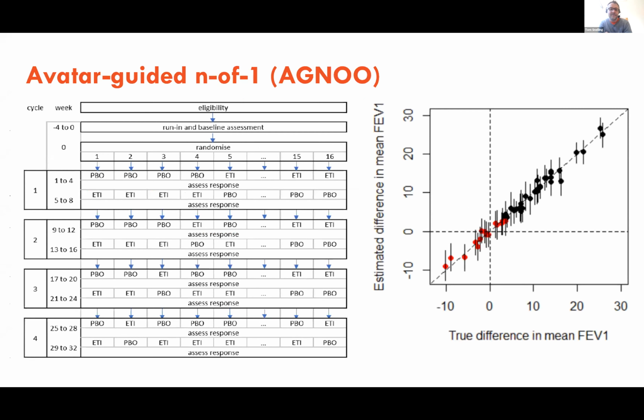So this is a design that we've recently worked on with Adam Jaffe at Randwick and Peter Walk in Newcastle for assessing individual responses to disease-modifying drugs for cystic fibrosis for people with rare mutations who don't currently have a licensed molecular therapy.